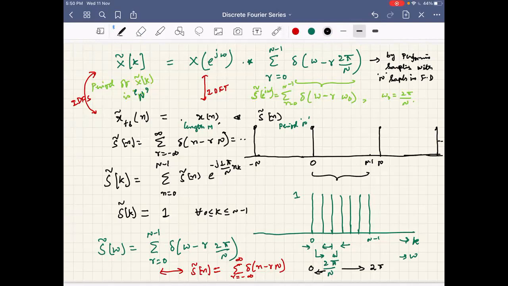So you want to see if this frequency sampled sequence has any relationship with respect to x tilde of n. That's what we want to see.